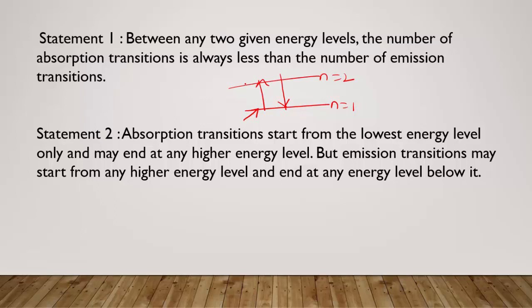Both are true. Statement 2 is the correct explanation of statement 1, because between any two given energy levels the number of absorption transitions is always less than the number of emission transitions. In this case, option A is the right answer.